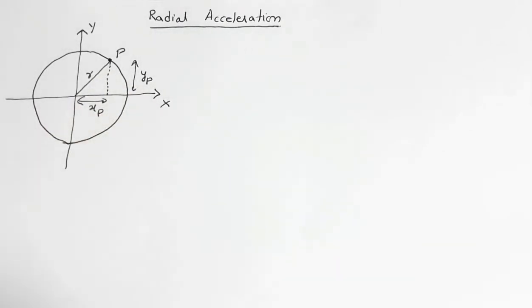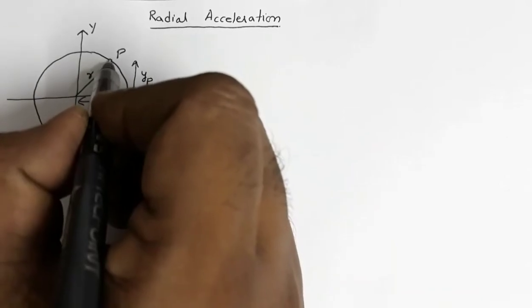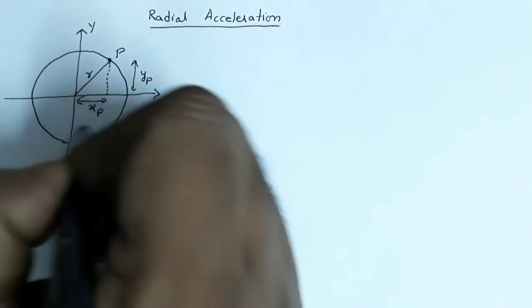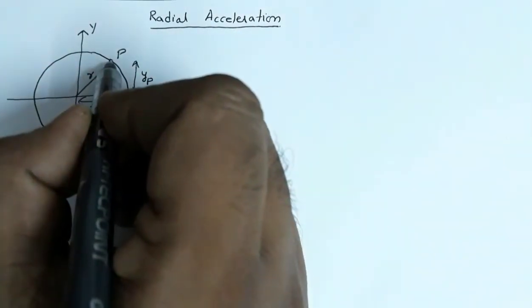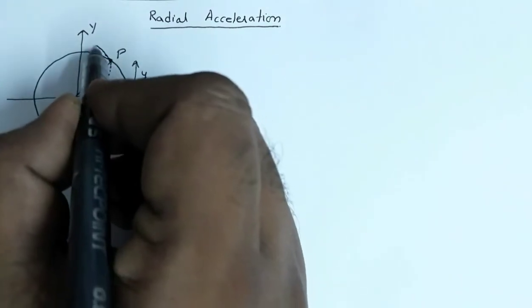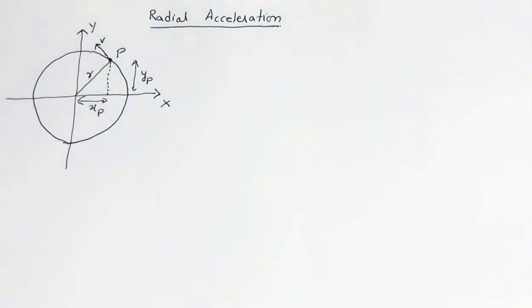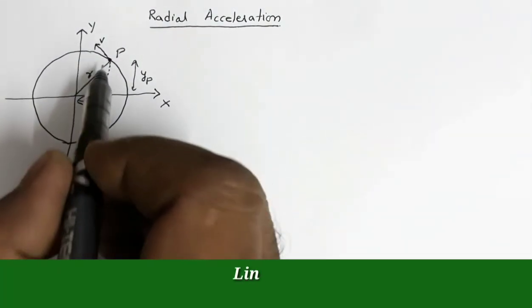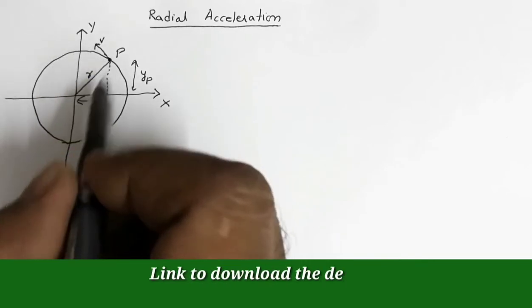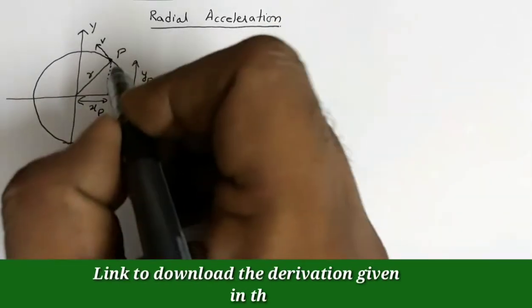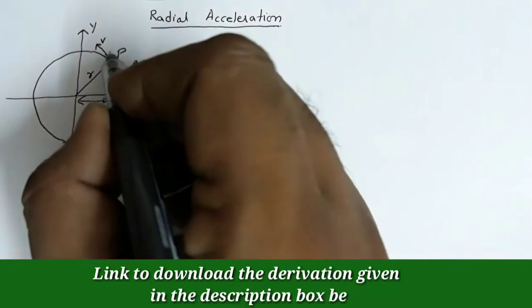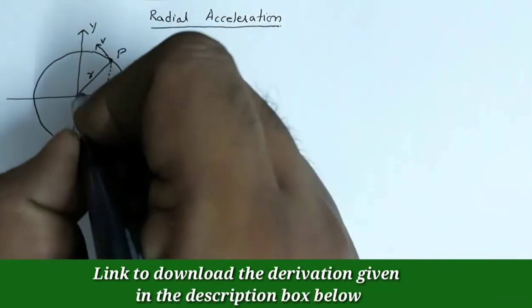At P, if the particle is moving in the anti-clockwise direction, and if at P I draw a tangent, that tangent will give the direction of velocity at P. So this is the velocity of the particle at this particular instant. Suppose this angle is theta.